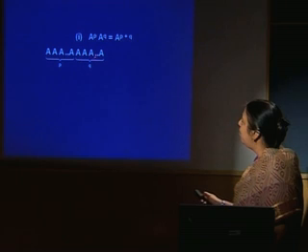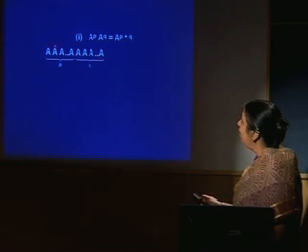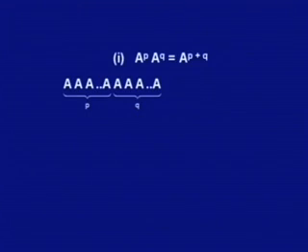The first expression A^p is this, that is A multiplied p times, and this is A^q, that is A multiplied q times. Now, you can notice that the total number of A's is p plus q, and that is why we have A raised to power p plus q on the right hand side.